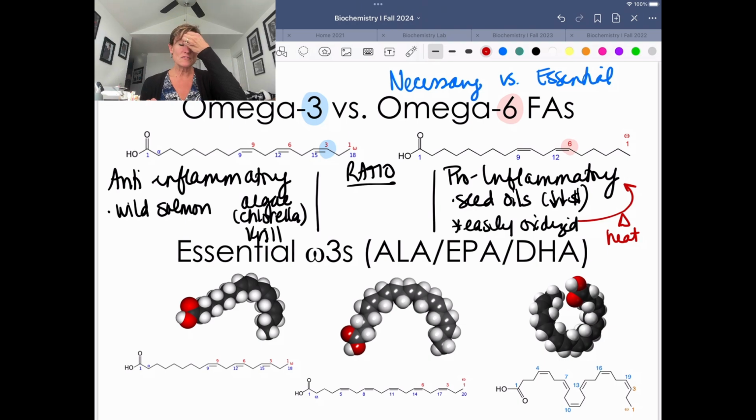We talked about this: if you have seed oils sitting in your pantry for too long and you smell them, they have a rancid smell. Any oil you consume should really not have a smell. Things like peanut oil or coconut oil may actually smell like their source, but in general, oils should not have a strong smell. If they do, they've been oxidized, they're rancid, and you should not consume them.